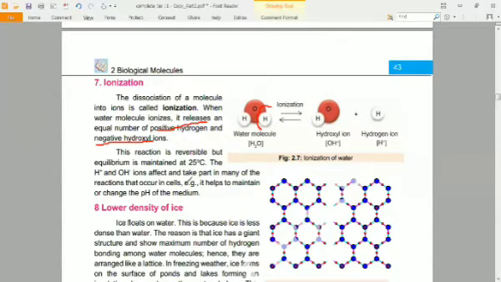This ionization takes part in many metabolisms in our cells, and it helps to maintain the pH of the medium, especially in the body and in the cells.